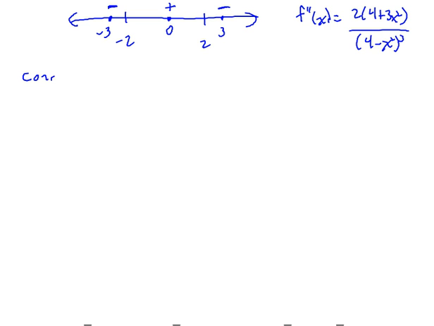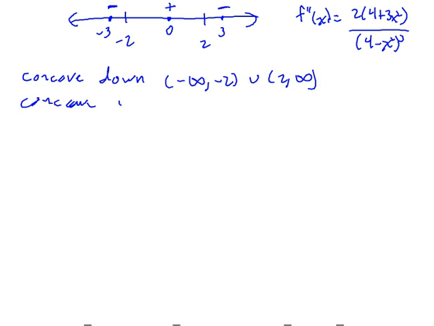So this is telling us that we'd be concave down from negative infinity to negative 2, and from 2 to infinity, and we're concave up between negative 2 and 2.